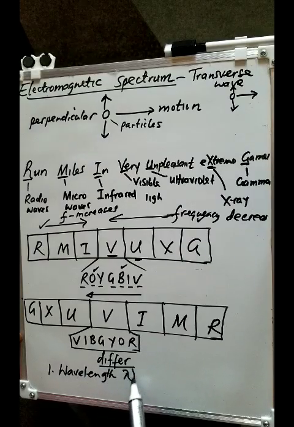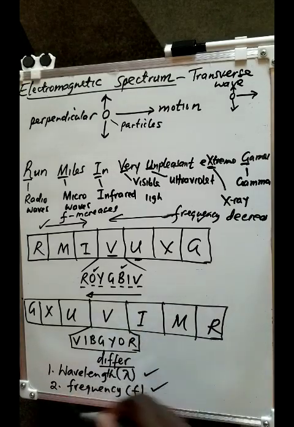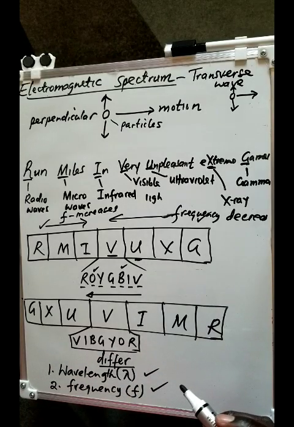The waves found in the electromagnetic spectrum have different wavelengths. Then two, they differ in terms of the frequency. The waves in the electromagnetic spectrum have different frequencies. That is going to be the difference.